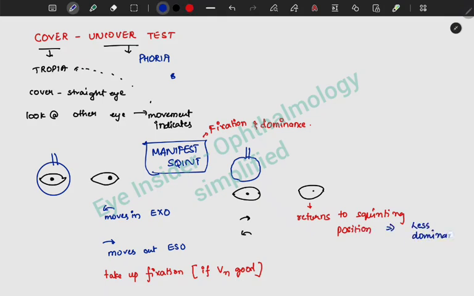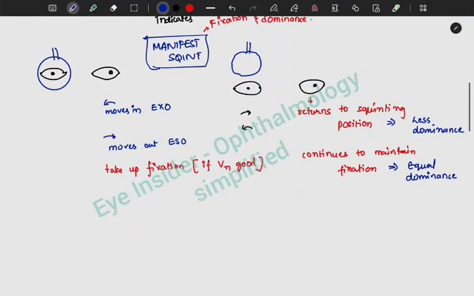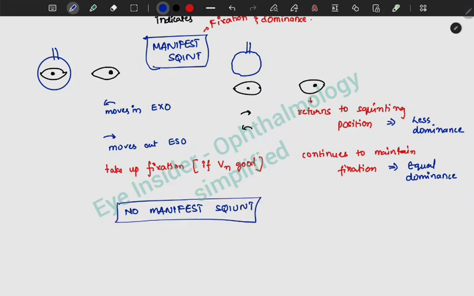If the eye returns to squinting position when we remove the cover, that is, the binocular single vision is established, it means it has less dominance. If it continues to maintain fixation, that means it has equal dominance. So in this way, in a patient with manifest squint, it can reveal the type of fixation and dominance.